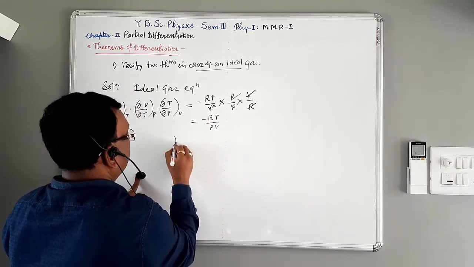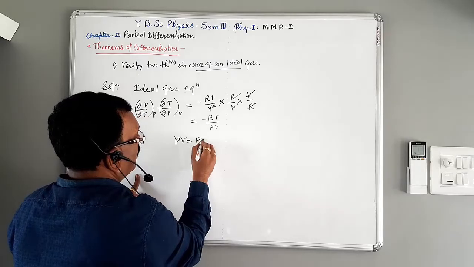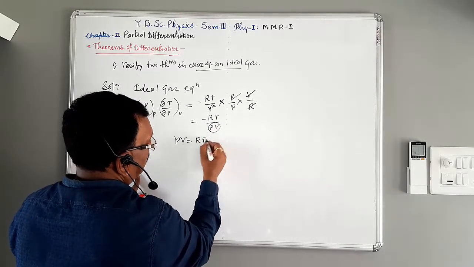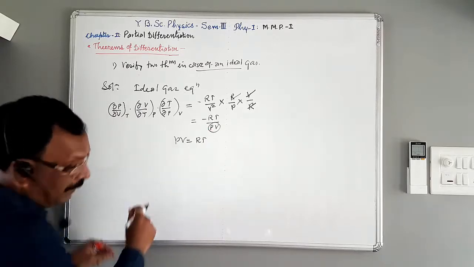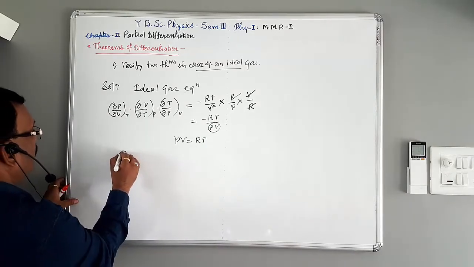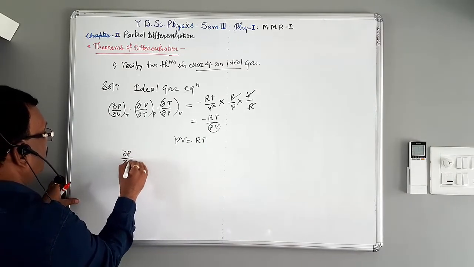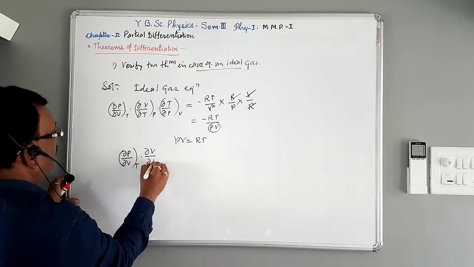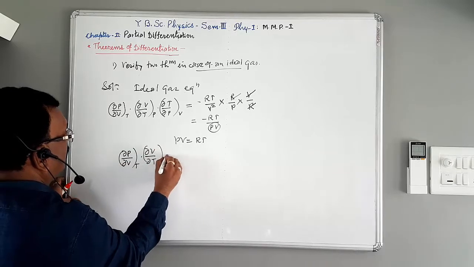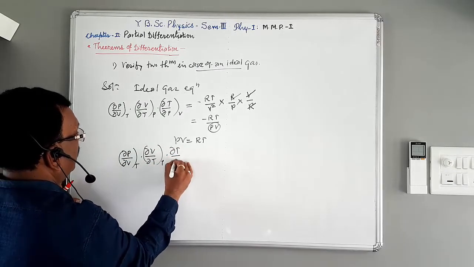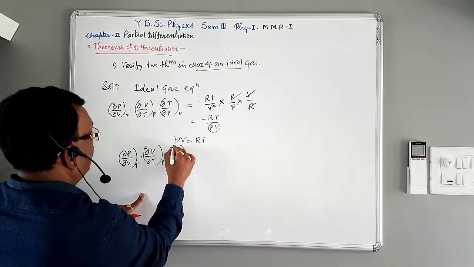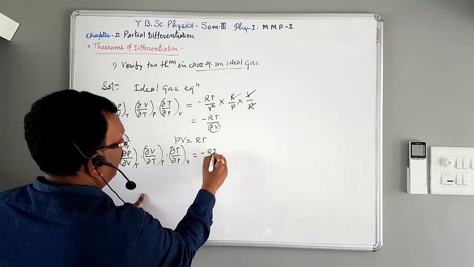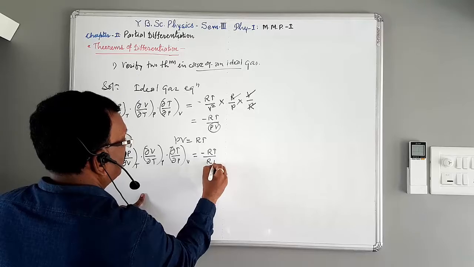But again we know that PV is equal to RT. Therefore, replace PV by RT, and finally we have del P by del V at constant T into del V by del T at constant P into del T by del P at constant V is equal to minus RT upon RT.